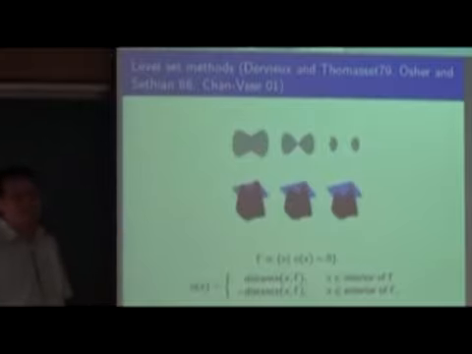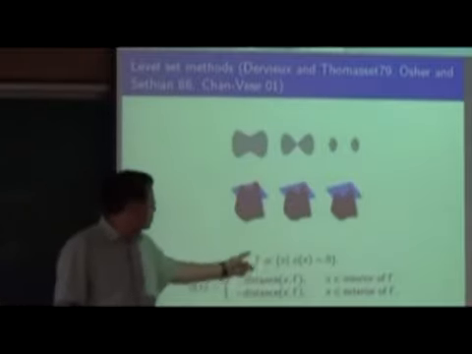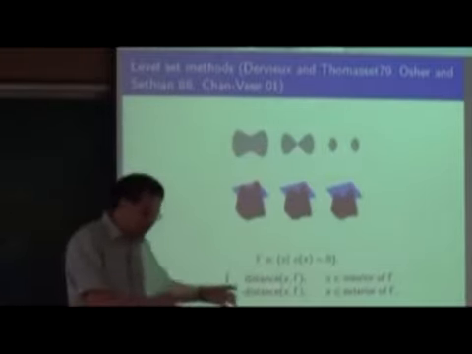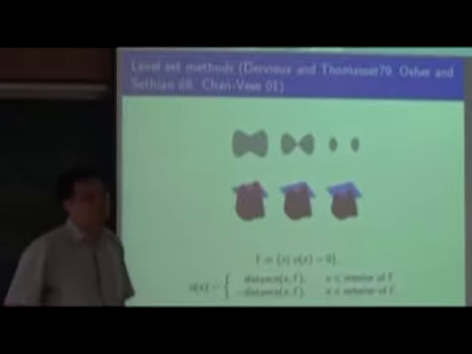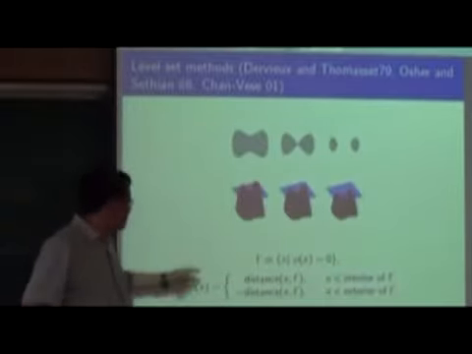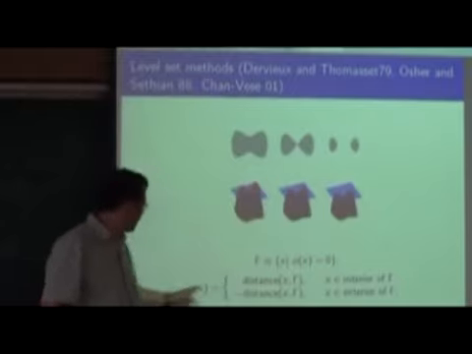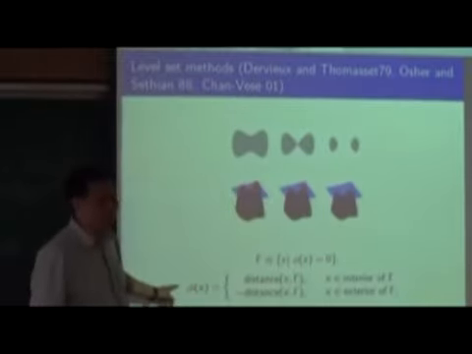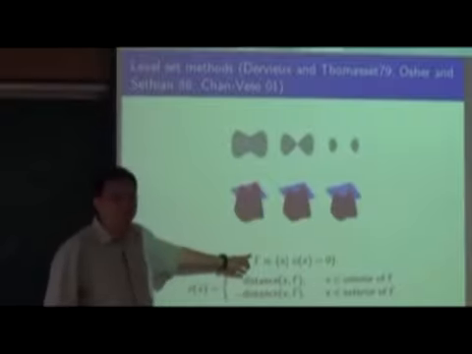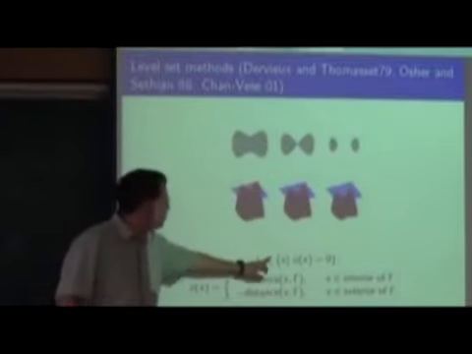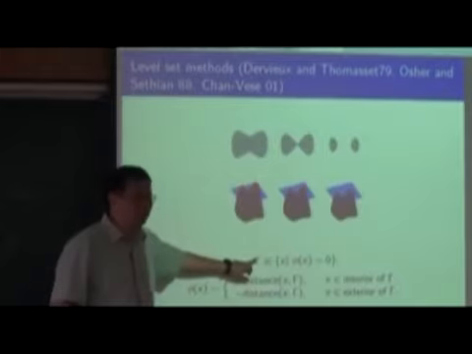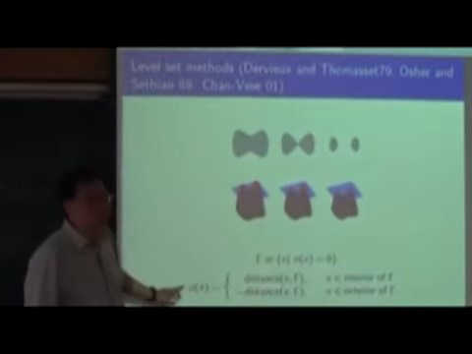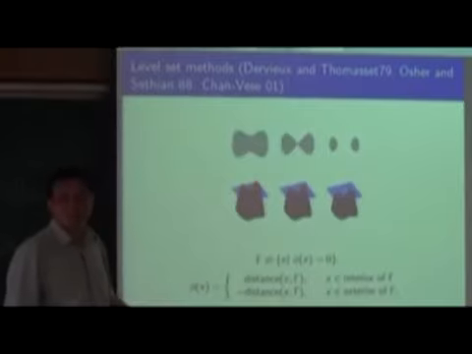When you want to minimize over the curve, you must move it around to see which minimizes the energy. But in the level set method, you don't move the curve, you move the level set function. You move the function up and down, and that produces different curves. So originally it is a minimization problem over gamma, and you transform it into a minimization over this level set function. That's essentially the level set idea.